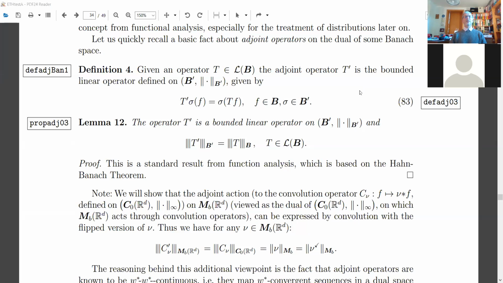Now, if you take this definition 4 and you check the size of this new operator, so how big is T prime sigma compared to the size of sigma as a functional, you will be able to control it by the magnification factor of the operator T. So an estimate is quite easy. But it's a fact from standard functional analysis, the Hahn-Banach theorem, that allows you to iterate more or less.